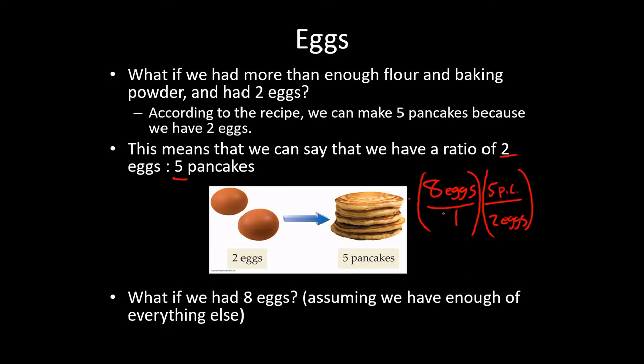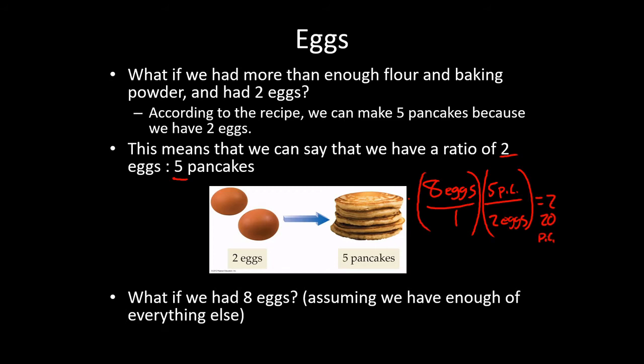And so if you do the math here, which I know some of you are thinking, well, why do we have to do the math? I mean, I can do that in my head. 8 divided by 2 is 4. 4 times 5 gives us 20 pancakes. So we can make 20 pancakes.